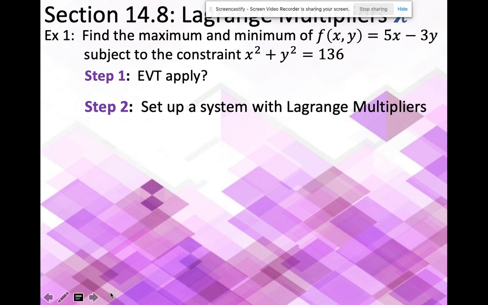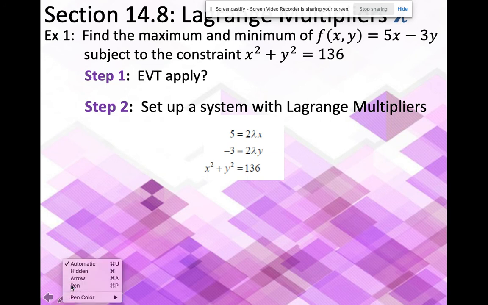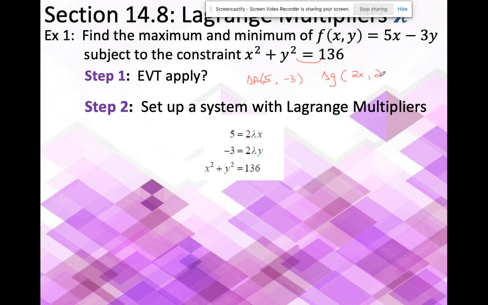So next I'm going to set up a system with my Lagrange multipliers. I kind of skipped the step here where I'm finding the gradient of f, the gradient of g, after I've got this equal to 0. I know it doesn't look like it matters.